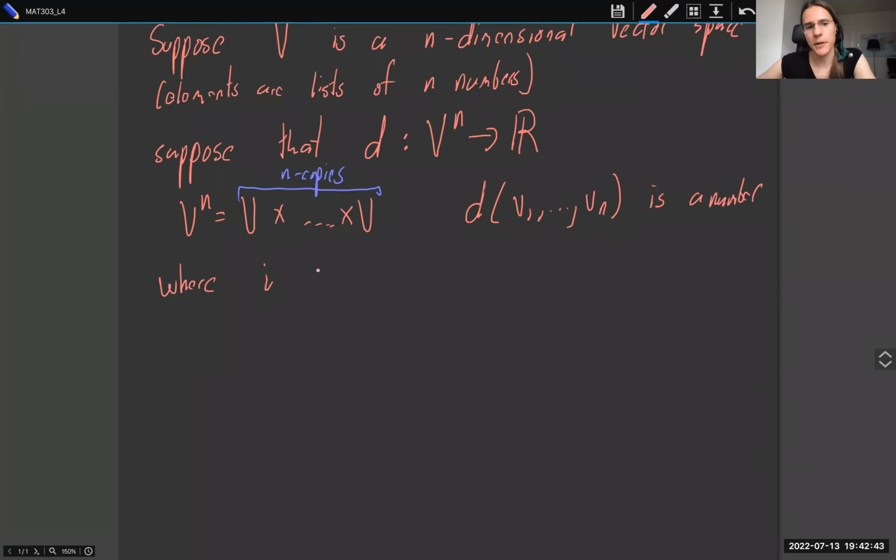And the first property is that if I consider d, and I'm going to write this in a very abstract way, if I have v1, and then I have some position vi, and then later on I have some position vj, and then this goes up to vn. What happens if I swap these two arguments?